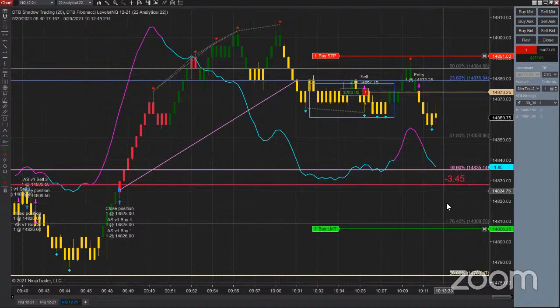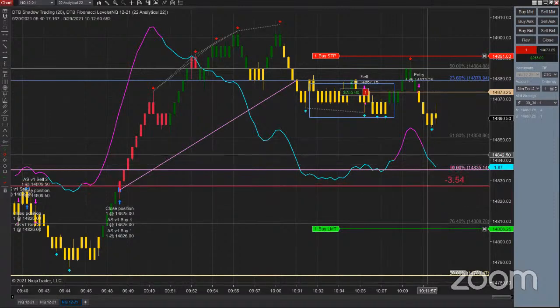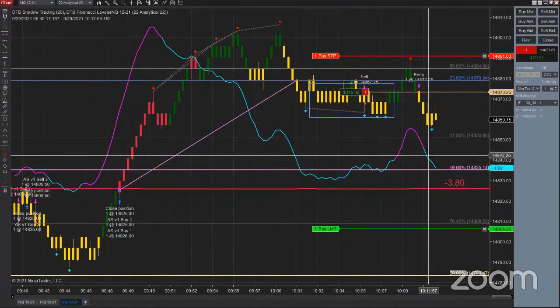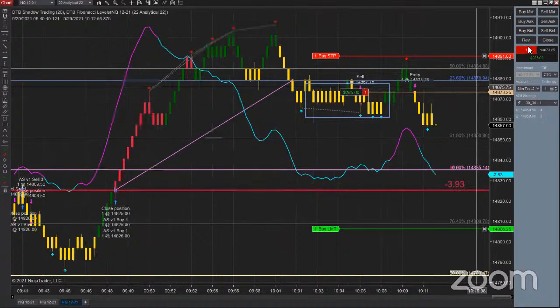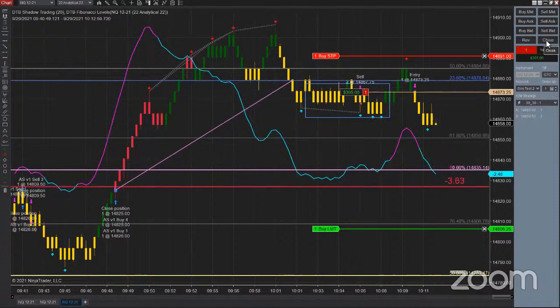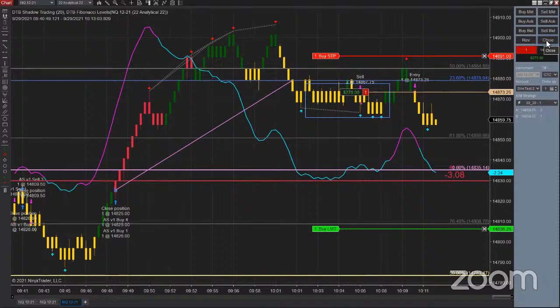The only reason why I haven't exited it already is because this momentum line has still got a very, very nice angle facing down. So we'll see how that looks at the close of the bar. So it's still facing down. So this is more than likely going to be going down.